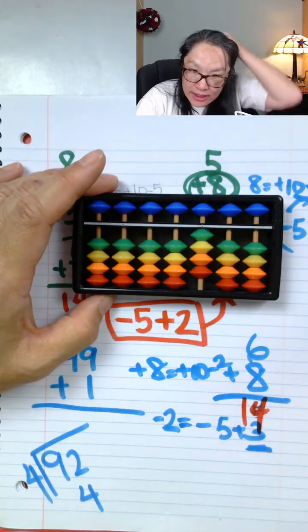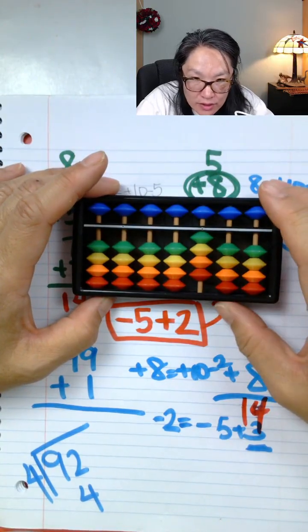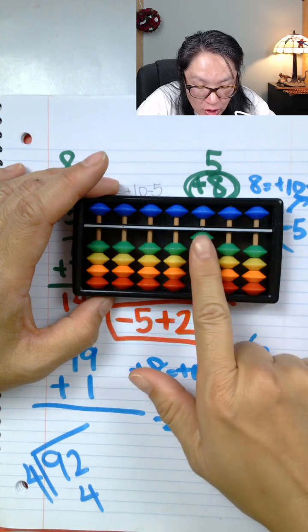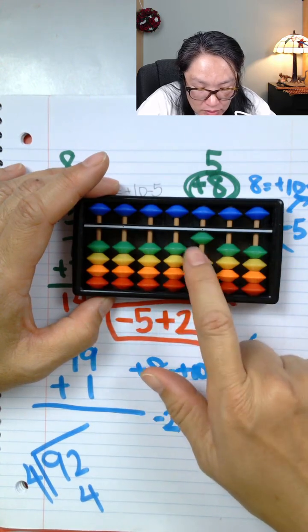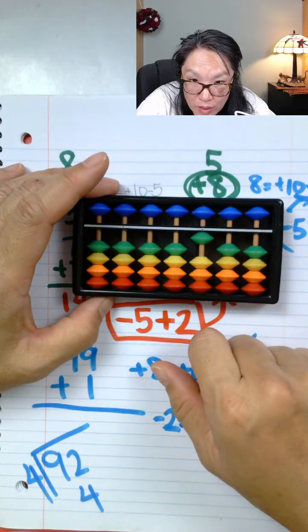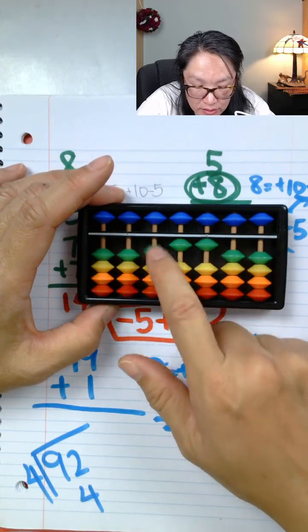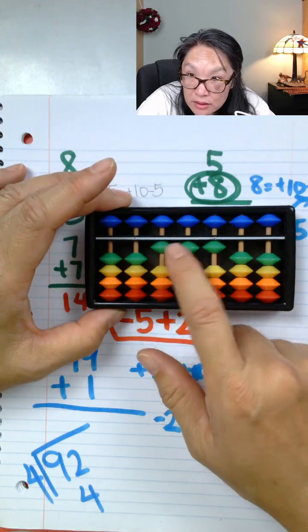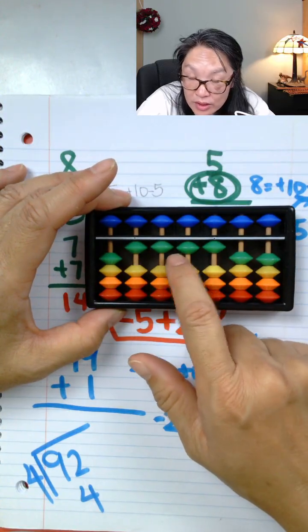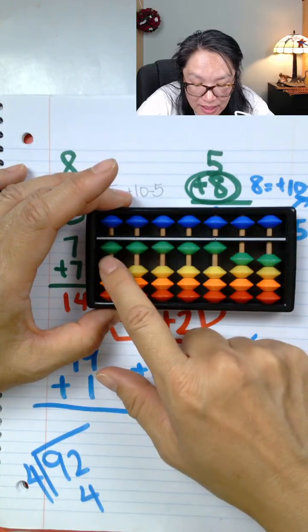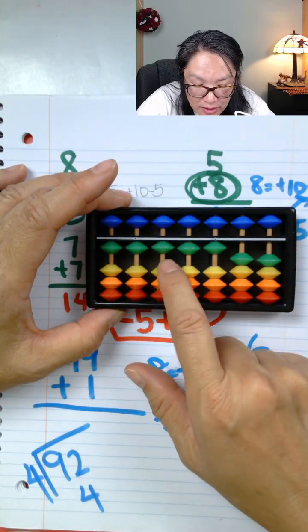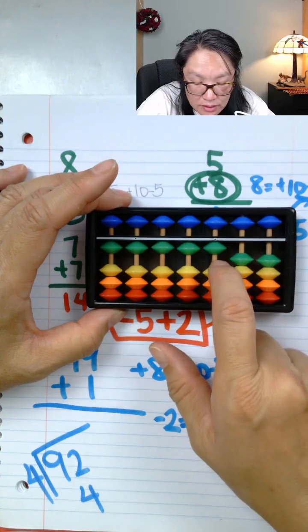Each column is a double? No, because this is 1, this is 11, this is 111, this is 1,111, and this is 11,111.